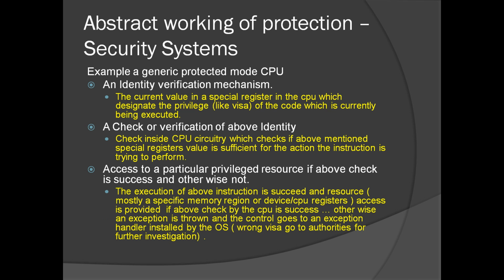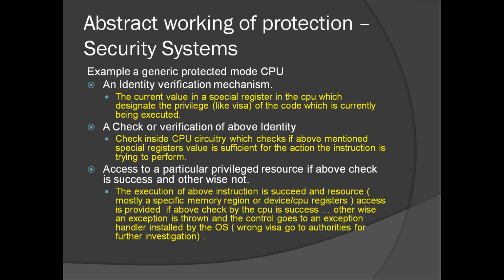So following is the abstract working of protection in a generic protected mode CPU. The identity verification mechanism is a value in a special register in the CPU which designates the privilege of the code which is currently being executed. Next, the check or verification of the above identity is a check inside the CPU for each instruction. This happens in the CPU circuitry, which checks the instruction being executed.